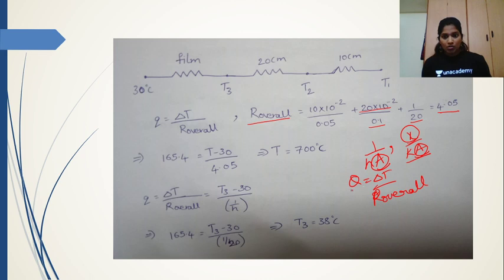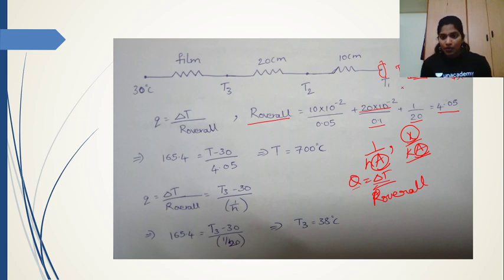So Q is 165.4, and this delta T is for the outer surface. Here we have taken it this way: if we are considering this slab, this is T1, and for the air the temperature is 30 degrees centigrade, right?